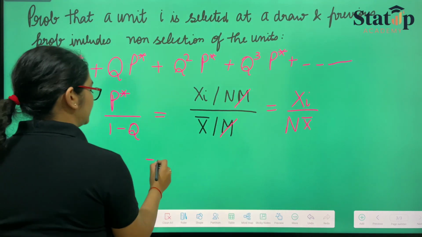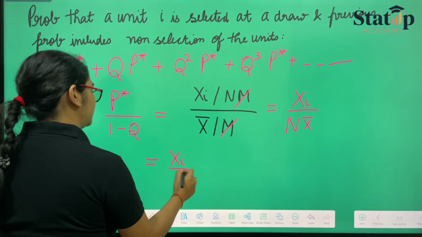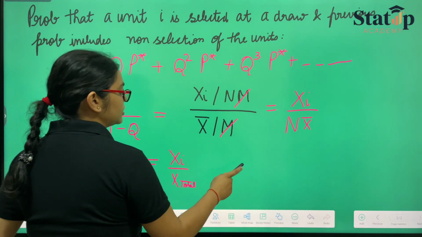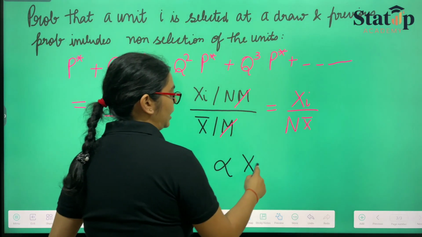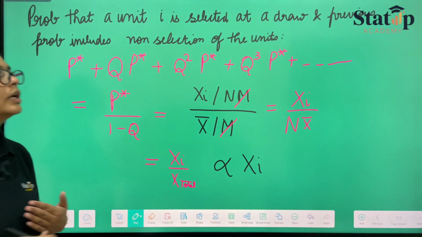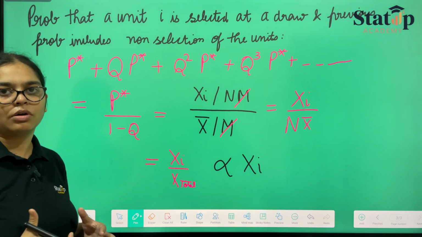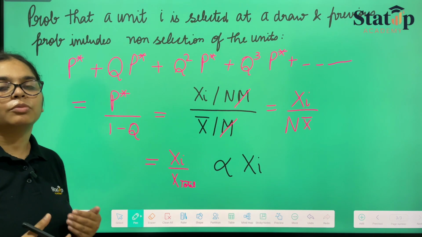It can be written as xi upon X total, which is directly proportional to the size of i.